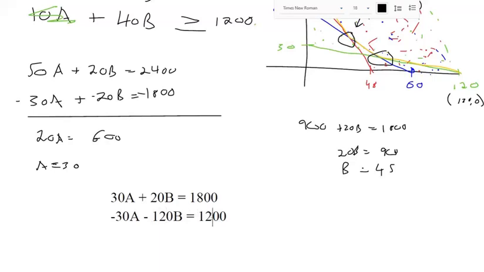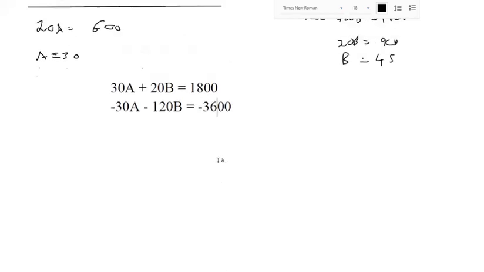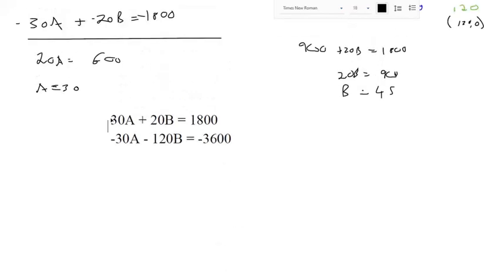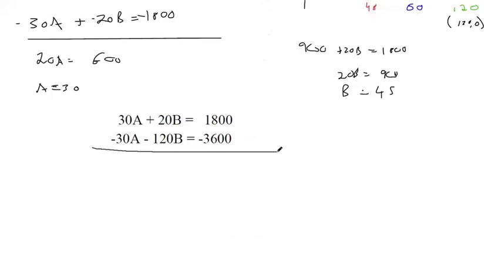And then multiply this by -3. So that's -3,600. Just making it look a little neater. Okay, and then we can add the top equation to the bottom equation.